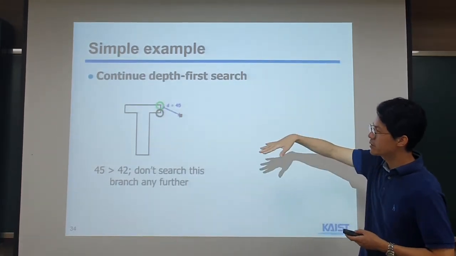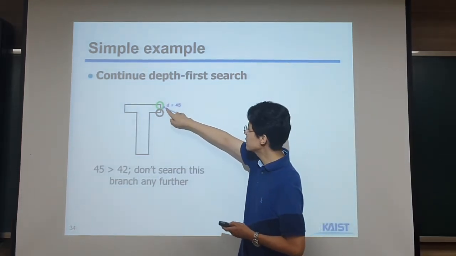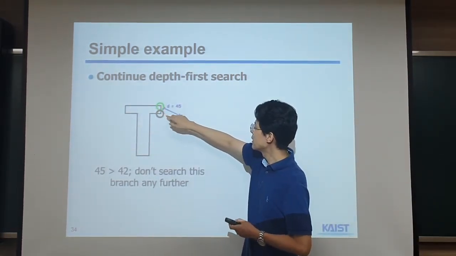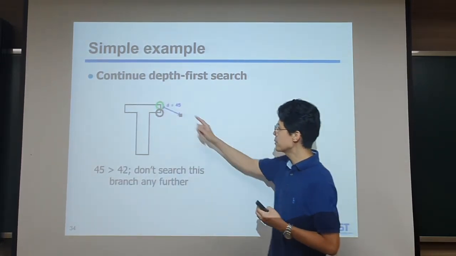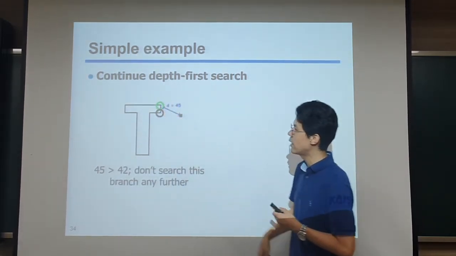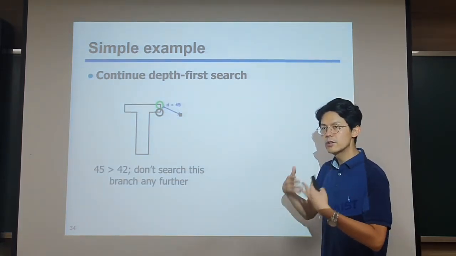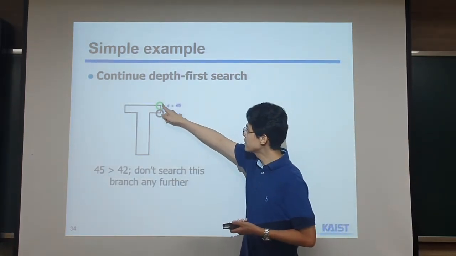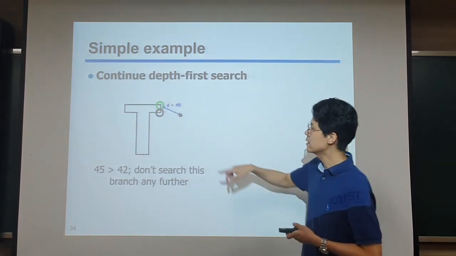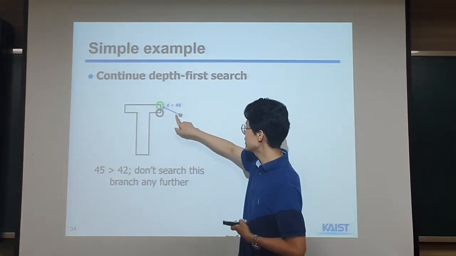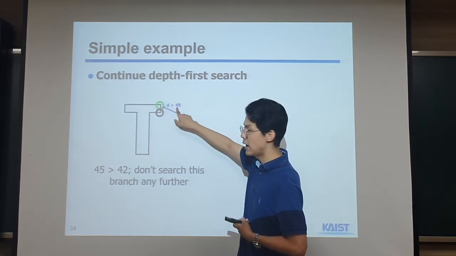Then we keep traversing. Back then we didn't refine this one, and now we check it. In that case, the distance between this point and this sphere is 45. Do we need to refine this node, or can we just skip it? The distance between this point and the bounding sphere is 45, right?